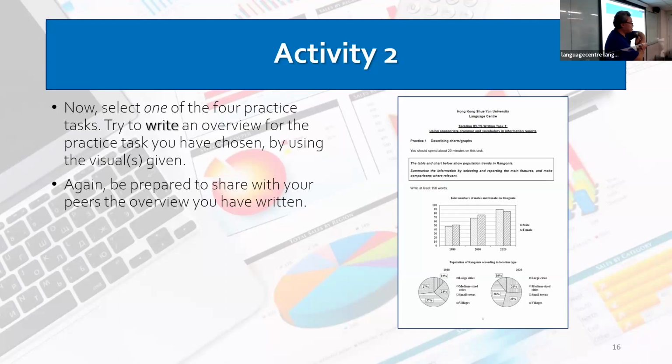Okay, I will try to leave some time at the end of the workshop so that you can practice writing the whole piece of writing. But if you don't have time over the workshop, you can draft your text and send it to me for feedback. I'll reply to you by next week. Okay, let's hope that we'll have some time for this. If not, then you can leave this as your post-workshop homework.